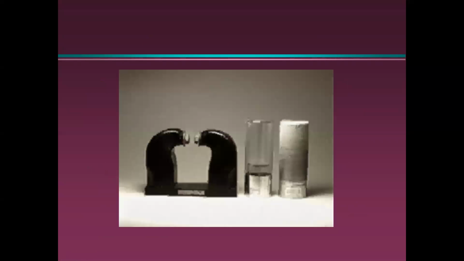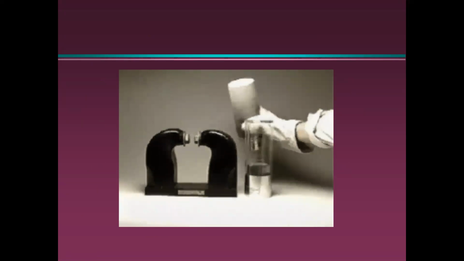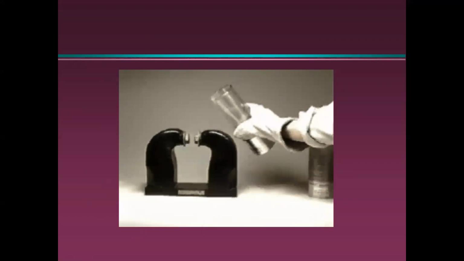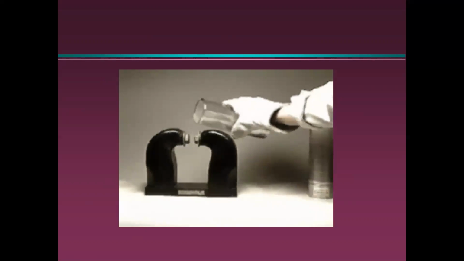So I will show you some experiments here. When liquid nitrogen is poured onto a magnet, the magnetic field does not affect the liquid. When we pour liquid oxygen onto a magnet, however, it is held by the magnet because oxygen molecules are paramagnetic.